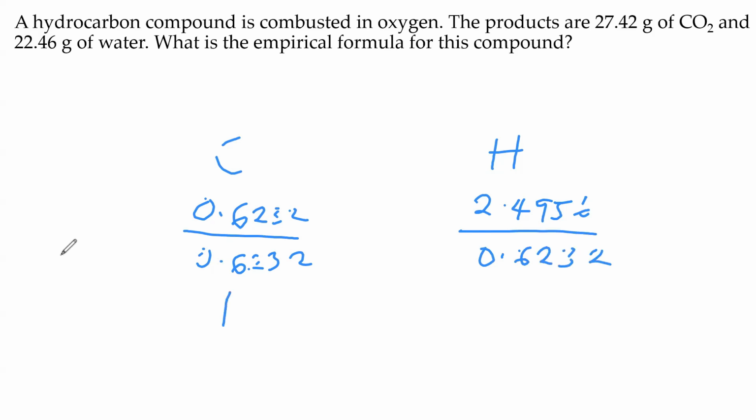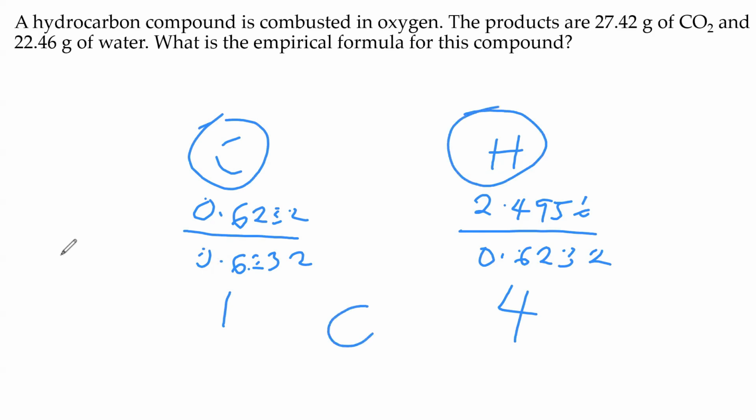This divided by this gives us 1, and that of the hydrogen gives us 4. You see that the ratio of carbon is 1 and the ratio of hydrogen is 4. So we have CH4 as the empirical formula of the hydrocarbon.